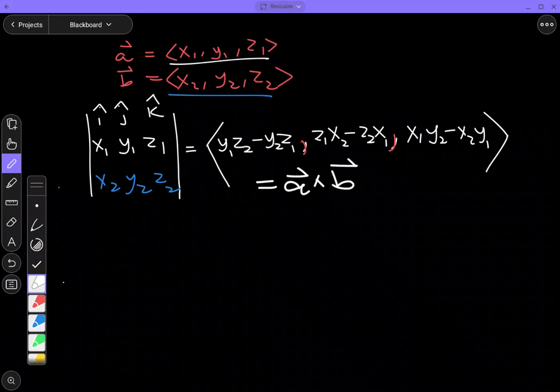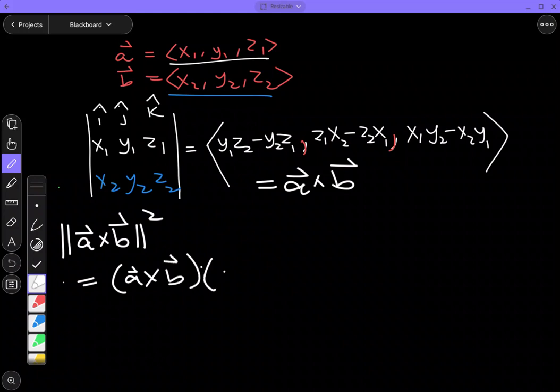Now what we're going to do is take the magnitude of A cross B and square it. So remember that this is equal to the dot product of A cross B dotted with itself.